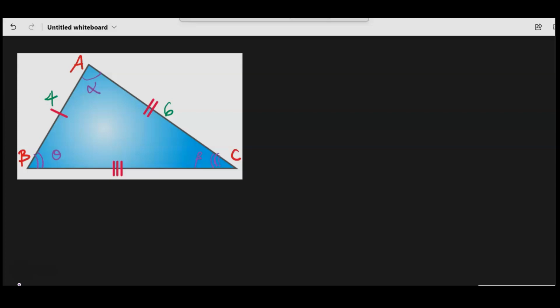Let's say this alpha is 120 degrees. Okay, from the rule of the internal angle summation of 180 degrees, we can conclude that the rest of the two angles, which are theta and beta, must sum to 60 degrees. So theta and beta together are 60 degrees, and we have 120 degrees, which is alpha.